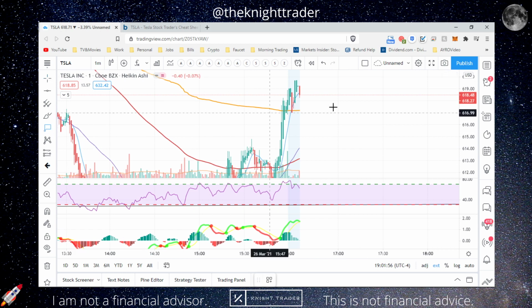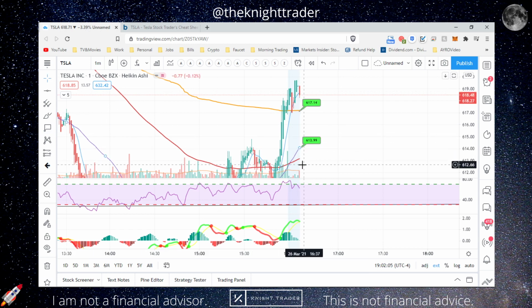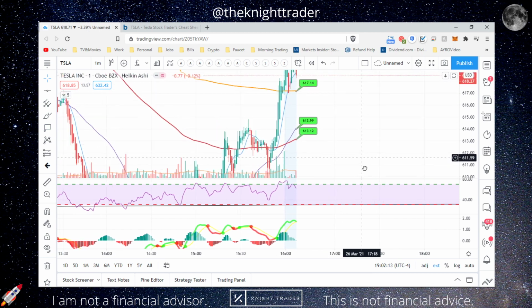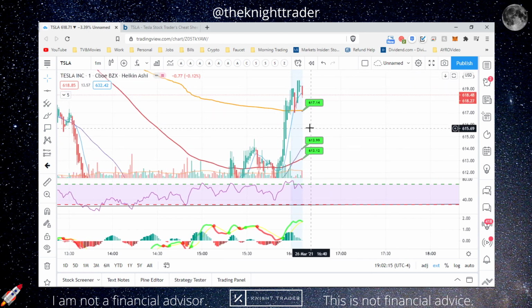And let me just throw in some labels. So we have support right there. We have support right there. Support right there. Yeah, because we're at 621. So we have multiple levels to break through. We're kind of already under this.